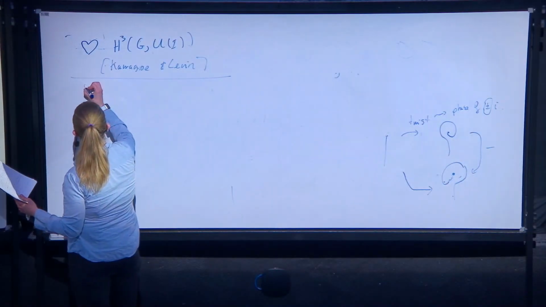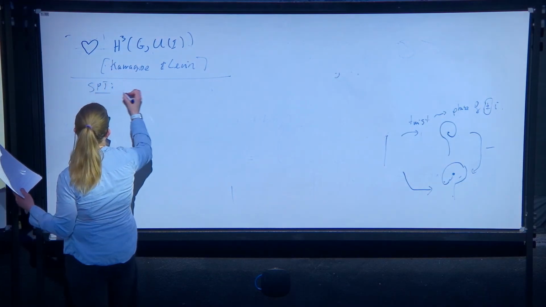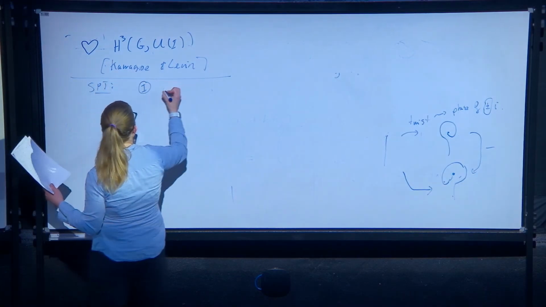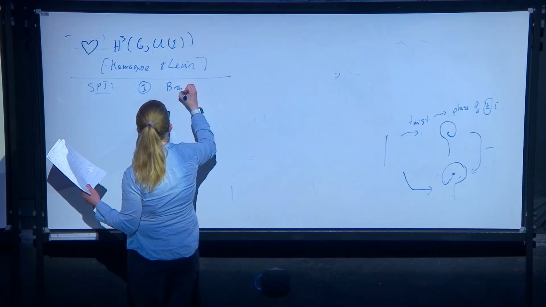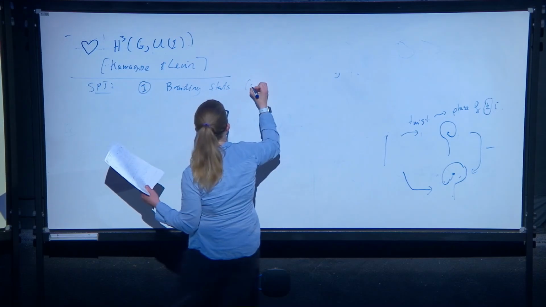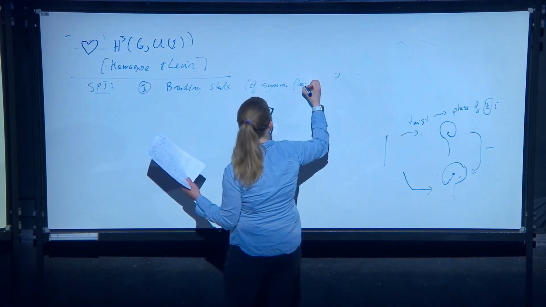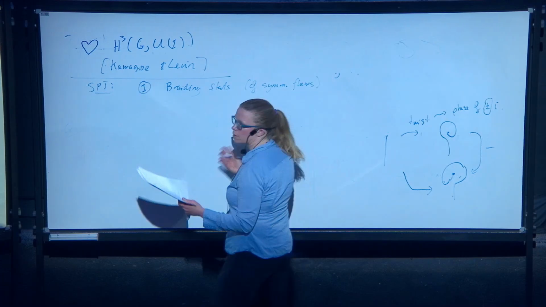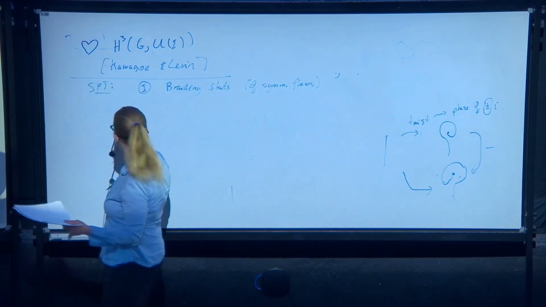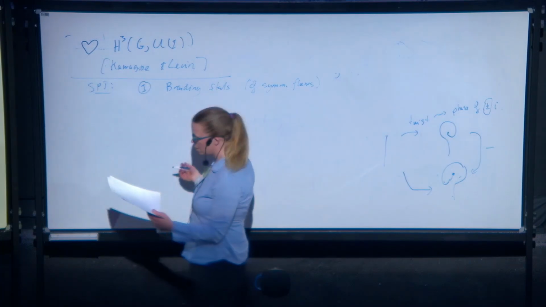So this is picture one. When we have SPTs, picture one is we have braiding statistics of symmetry fluxes. At least in 2+1 dimensions, I've shown you explicitly that this is a way to characterize the fact that it's an SPT.